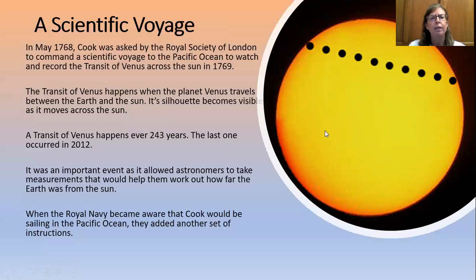When the Royal Navy became aware that Cook would be sailing in the Pacific Ocean, because Tahiti is in the Pacific Ocean, to view this transit of Venus and to get good measurements from it, Cook needed to be down in the South Pacific Ocean. The Royal Navy became aware that he would be going down there, and they added another set of instructions, which we'll get to in a little while.